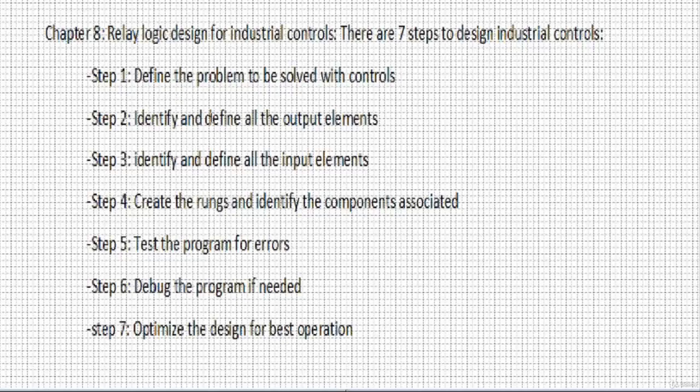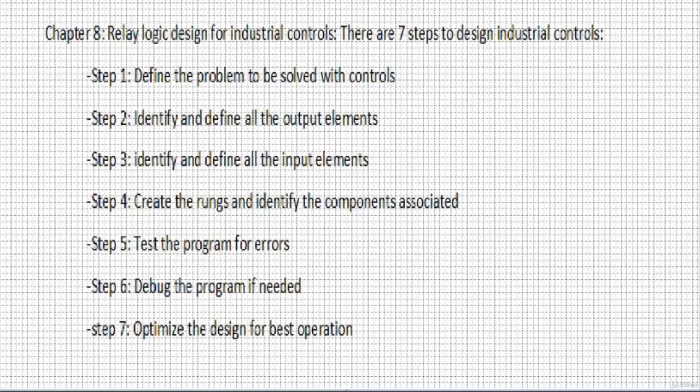Step two, identify the output elements you want to control. Step three, identify the input elements that you will use to control those output elements. Step four, create the rungs on the ladder and identify the components associated with each rung. Step five, test the program for errors. Step six, if there are errors, debug the program as needed. And step seven, optimize. How can you better create and do that project? Those are the basic steps.